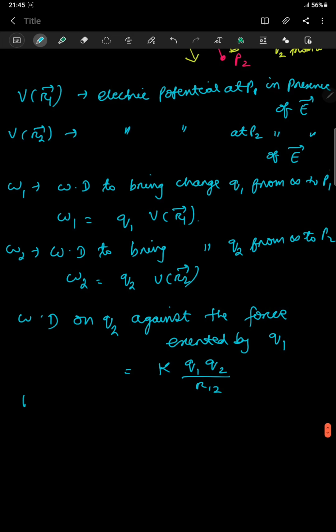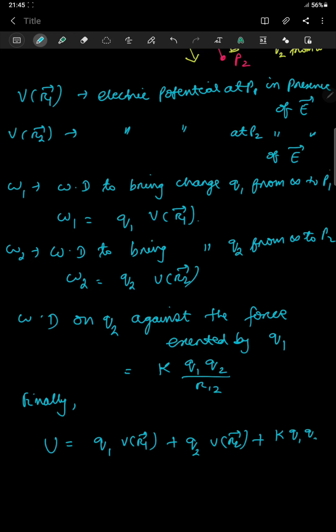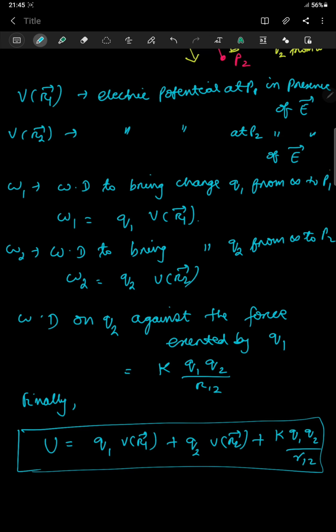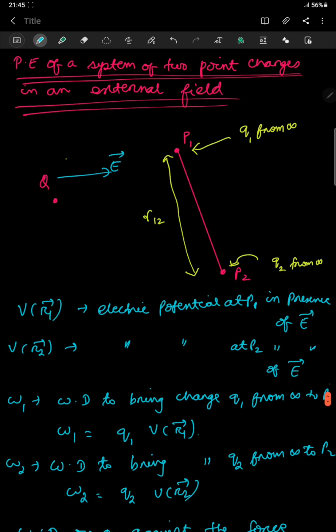So finally, the total potential energy will be q1 v(r1) plus q2 v(r2) plus k q1 q2 divided by r12. So this will be the final expression. This is how you can find out the potential energy of a system of 2 point charges in the presence of an external field or in the presence of a source charge.